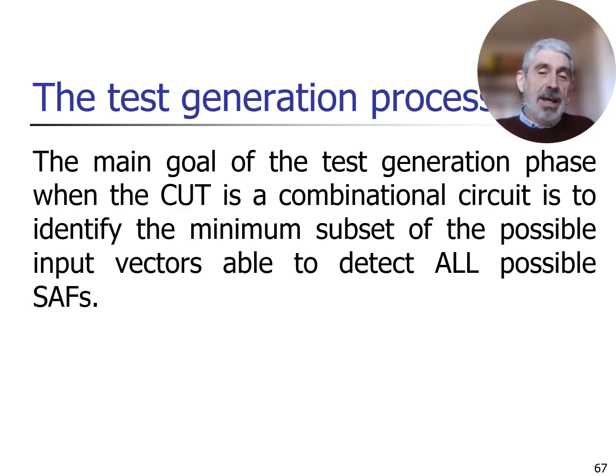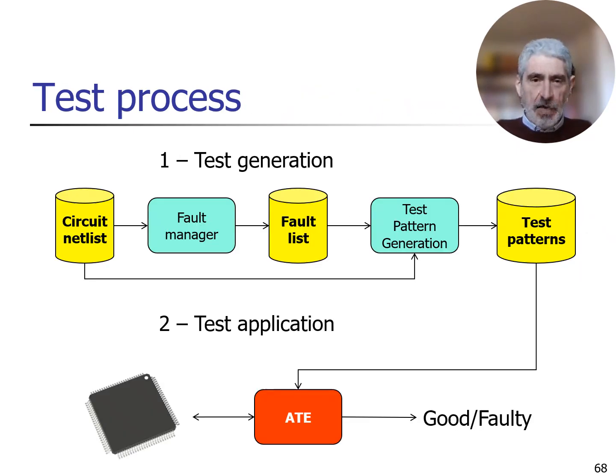And the higher the throughput of the test process, the lower the number of test equipment I will need to produce a given throughput in terms of integrated circuit manufacturing and test. So it is very important to reduce the test time and to reduce the number of test vectors that I will use to test my stuck-at faults.